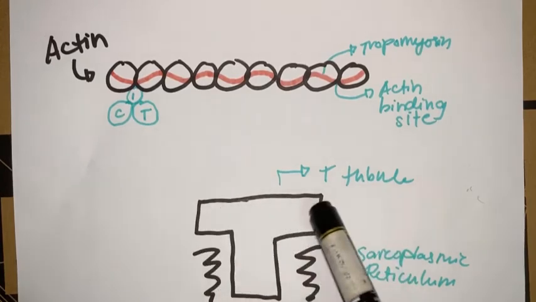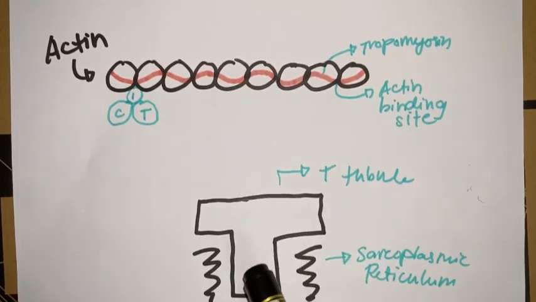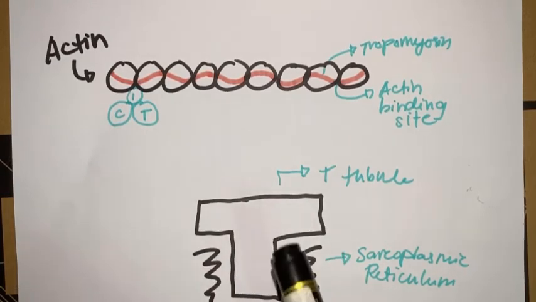This is what you call the T-tubule or the transverse tubule. The function of it is to convey action potential inside the muscle and deliver it towards the sarcoplasmic reticulum. On the other hand, the sarcoplasmic reticulum stores and releases calcium.